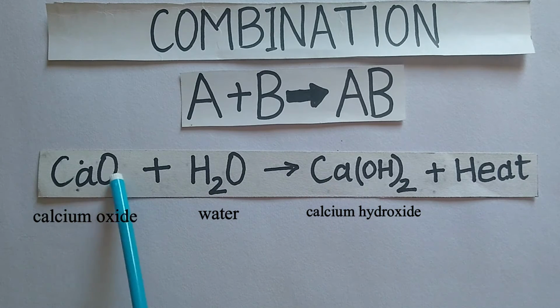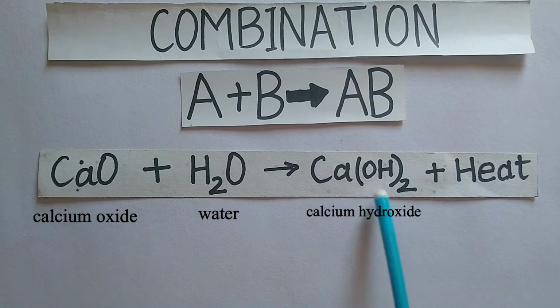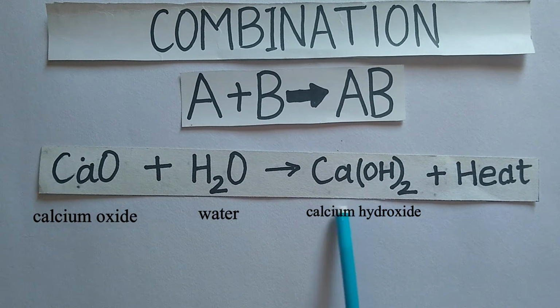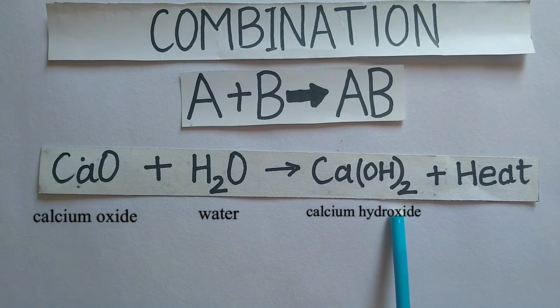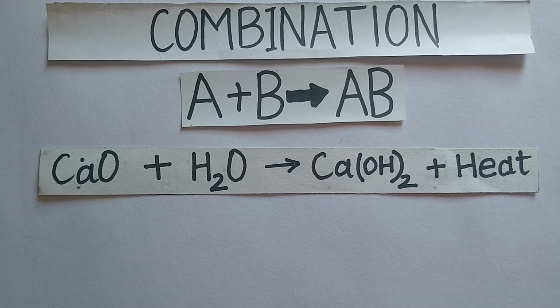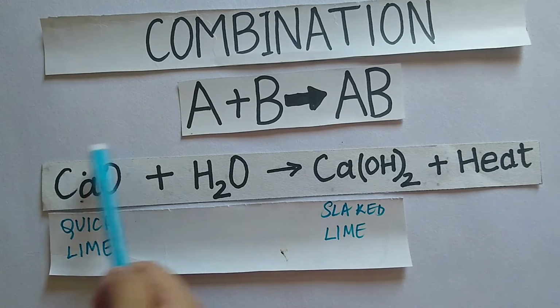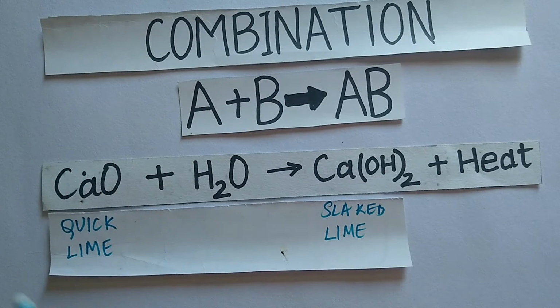Just like calcium oxide has quicklime as its other name, calcium hydroxide also has another name, which is slaked lime. We will note that down right now. So here it is, CaO, calcium oxide, known as quicklime, Ca(OH)2, calcium hydroxide, named as slaked lime. This will help us in any future reference. Just note that down for now.